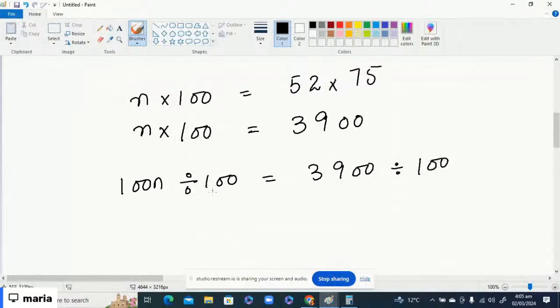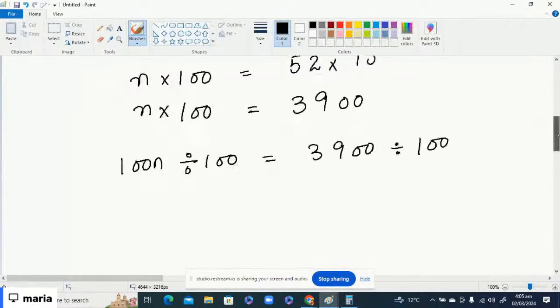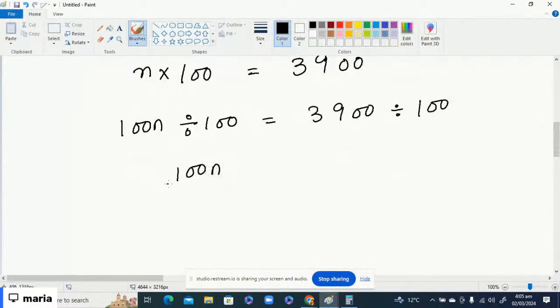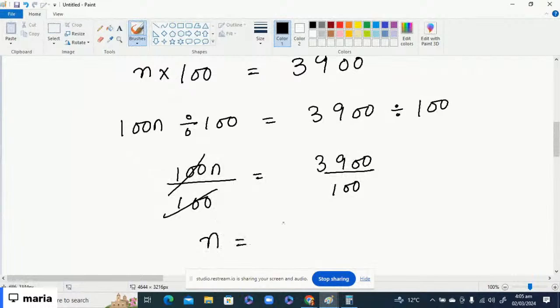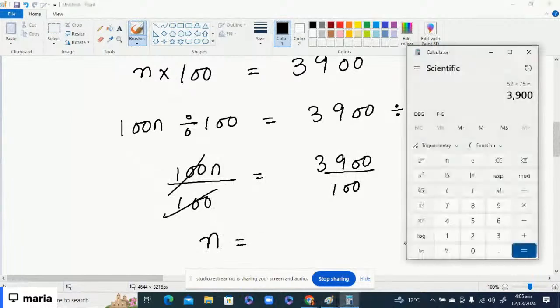When you divide 100n over 100, this 100 and 100 should be cancelled out, only the n is left. And what is the answer of 3900 divided by 100?